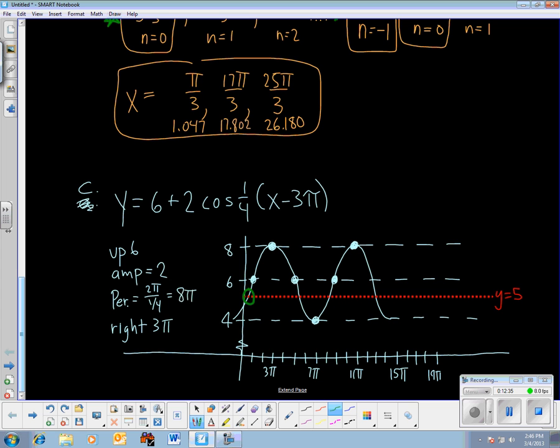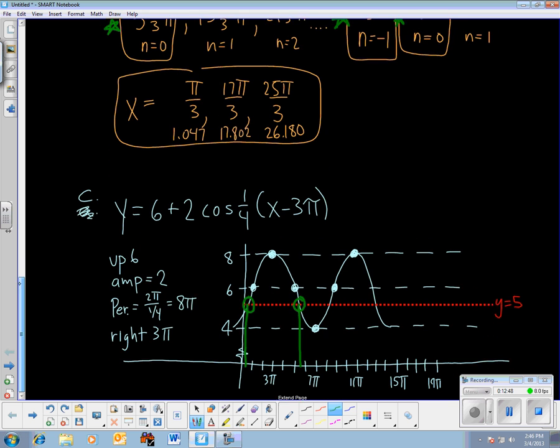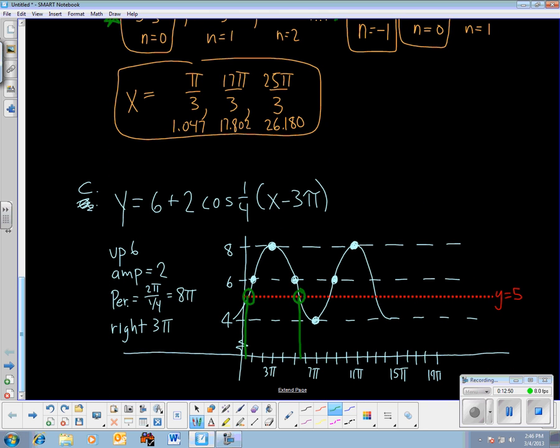So 4, 5 2/3, that one's actually pretty right on. 5 2/3 would be about there. 1/3 would be about there. And our other one was 8 1/3 pi. So here's 7 and 8. 8 1/3 without too much off target there. It matches.